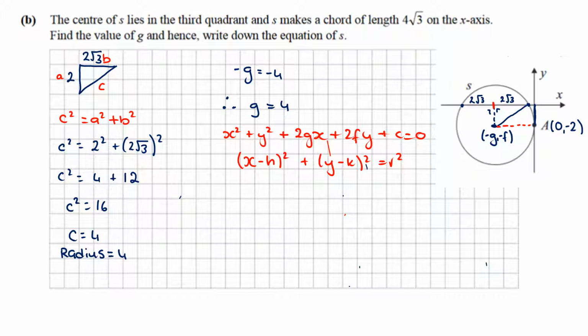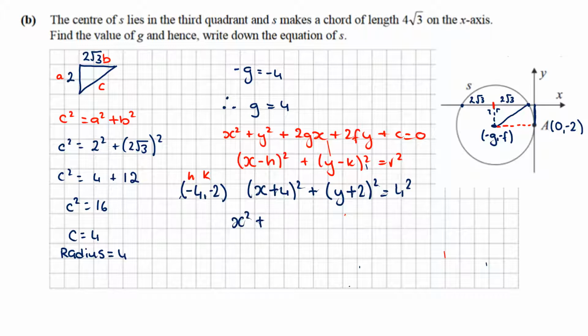So my center point here is minus g, minus f, so minus 4, minus 2, so that is actually h, k. So we get x minus minus 4, so that's plus 4 squared, plus y minus 2, so plus 2 squared equals 4 squared, and you can multiply that out then if you want.